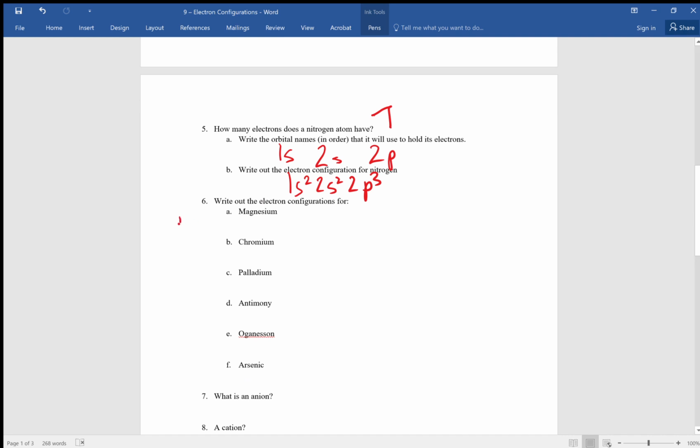So magnesium has 12, chromium 24, palladium has 46, antimony has 51, oganesson has 118, and arsenic has 33.